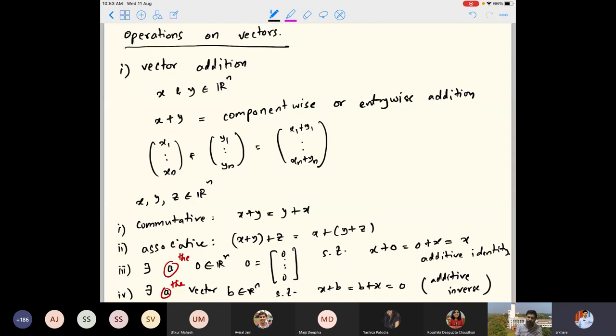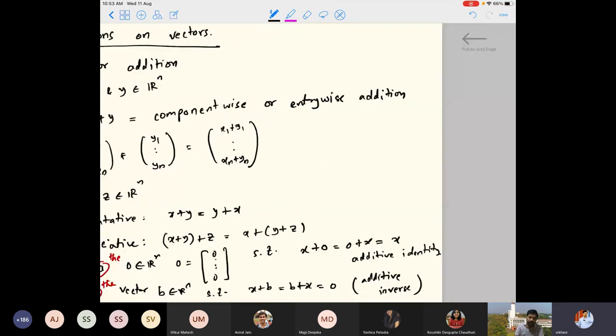Then another interesting operation is scalar multiplication. So what is the scalar multiplication operation? You get a vector x in Rn, and you get a scalar alpha in R. The operation is typically alpha dot x, but we will skip the dot and write alpha x.